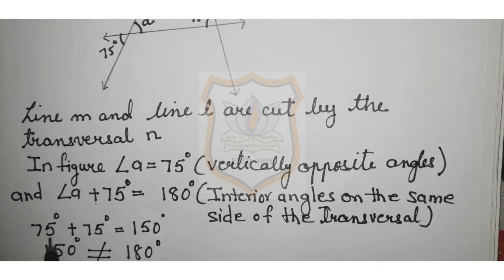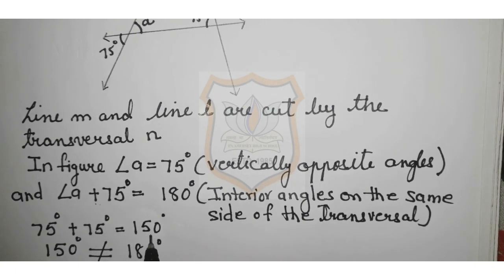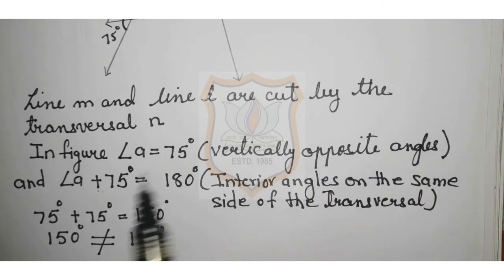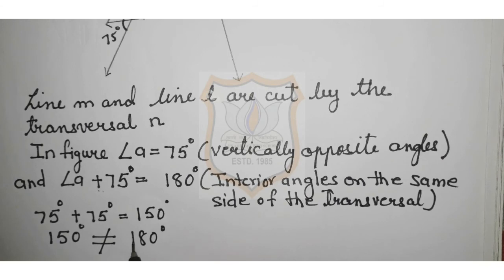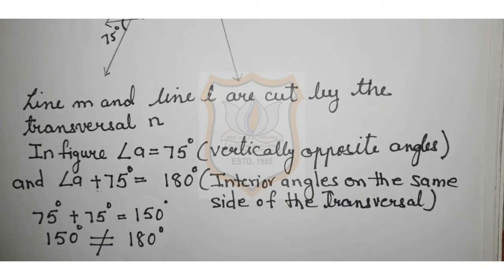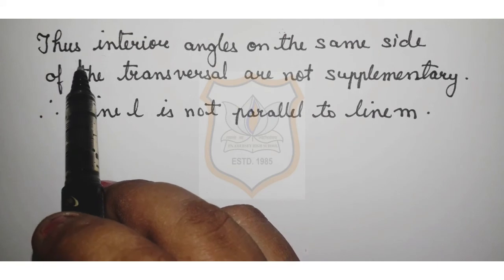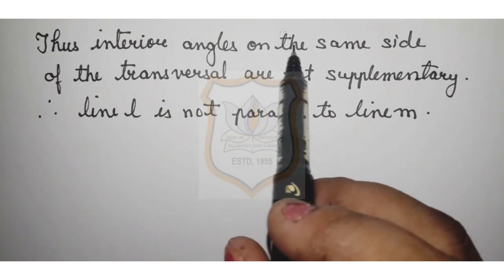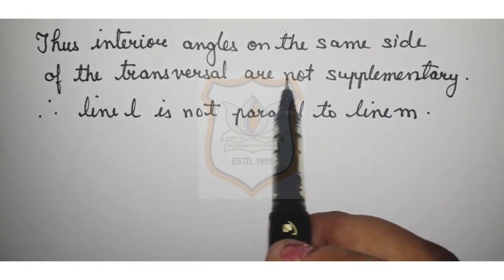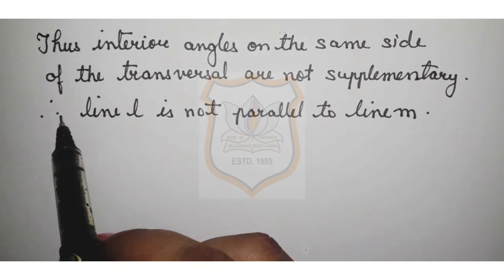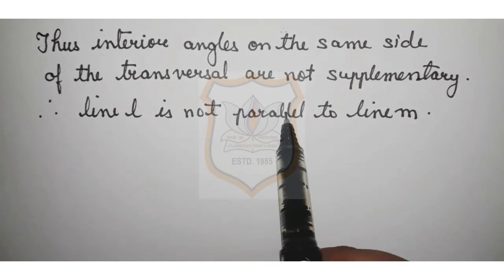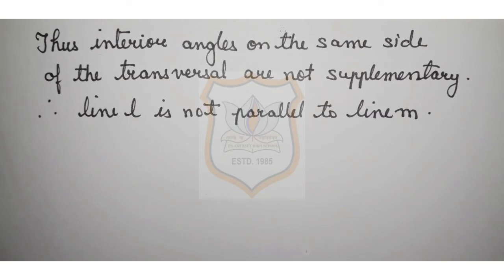So, 75 degrees plus 75 degrees is equal to 150 degrees. So, 150 degrees is not equal to 180 degrees. Thus we can say that the interior angles on the same side of the transversal are not supplementary. Therefore, line L is not parallel to line M.